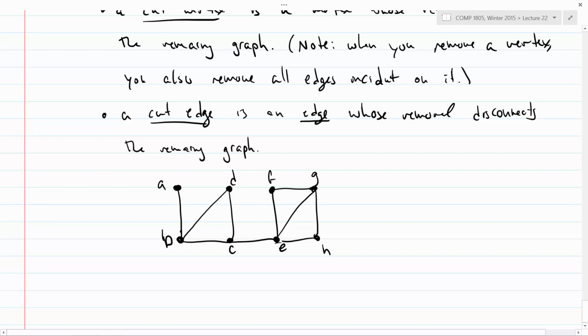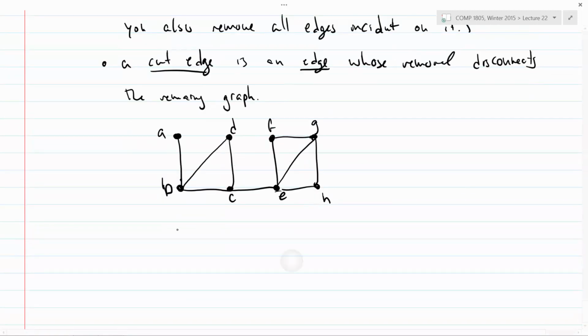So this is my graph. What are the cut vertices of this graph? So, cut vertices. What are the cut vertices here?